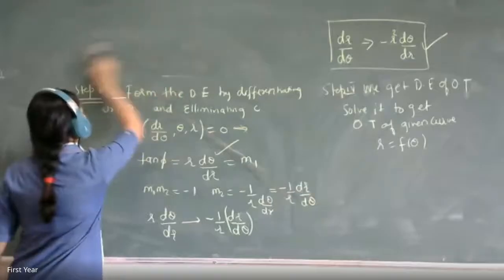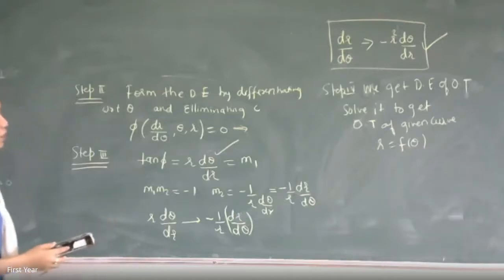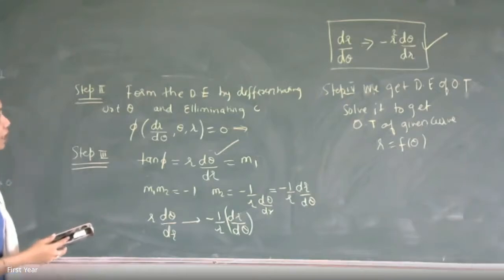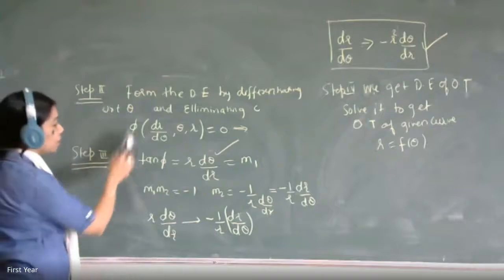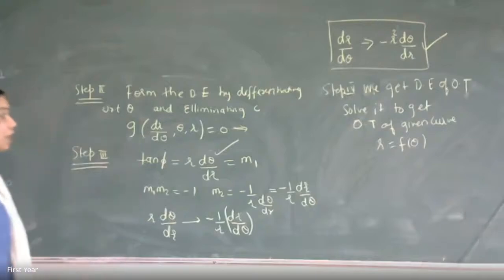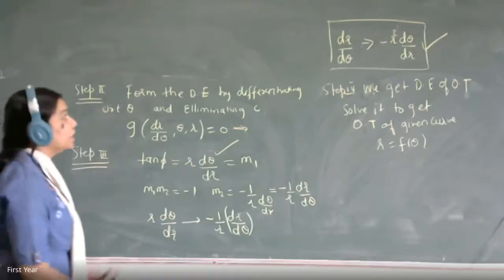I'll repeat it once again. Step 1 is write f of r comma theta comma c is equal to 0. Step 2, differentiate the given equation with respect to theta and eliminate c to get phi of dr by d theta, theta comma r. Now you may get confused with this phi, so you may write another function g. G of dr by d theta, theta comma r is equal to 0. Then to convert the differential equation to orthogonal trajectories differential equation, you have to replace dr by d theta.